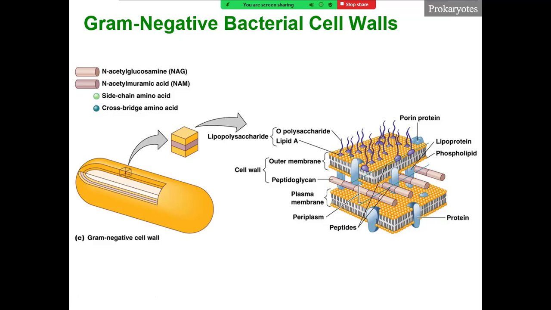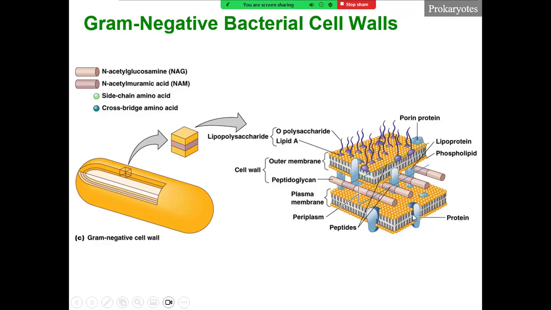The main one that we're going to talk about is the porin protein. The porin protein is a channel protein that allows molecules to enter or leave the outer membrane of the cell wall. For example, the amino acid lysine is going to be wanted by this cell, and that lysine will move right through the porin protein to get through the outer membrane of the cell wall.